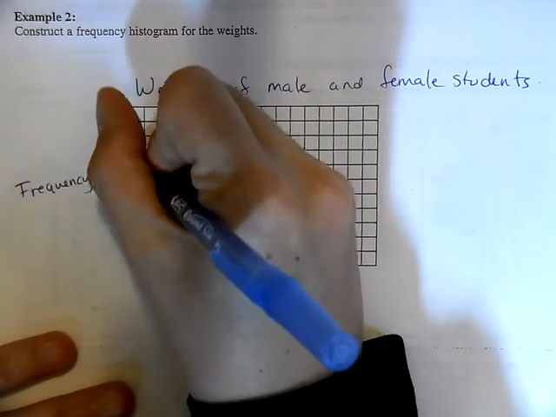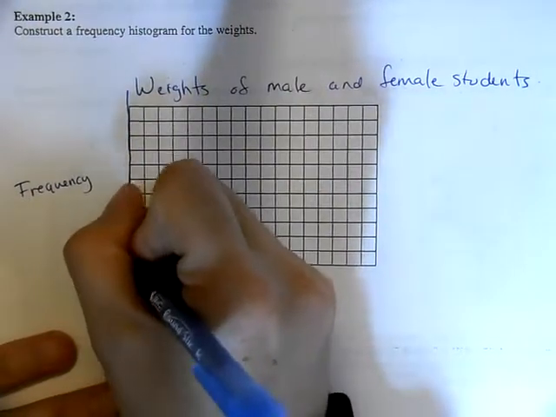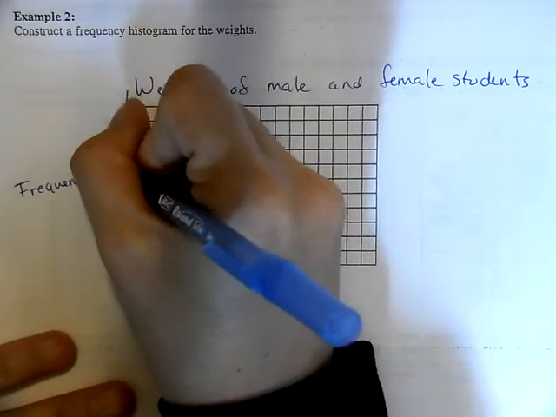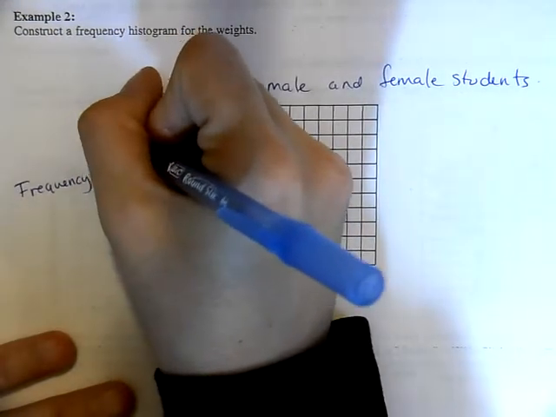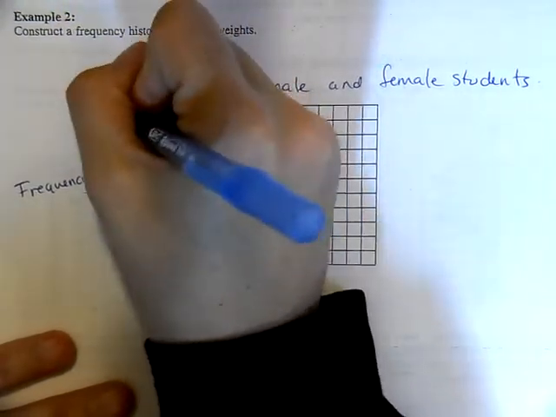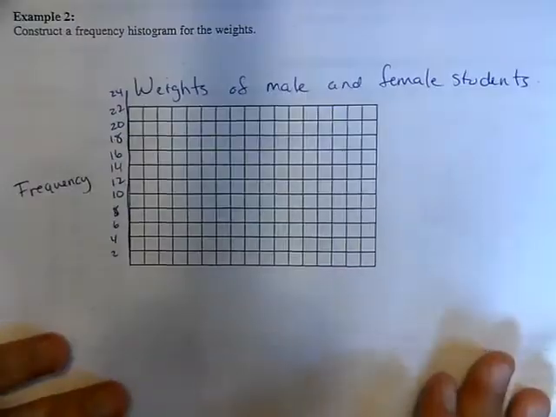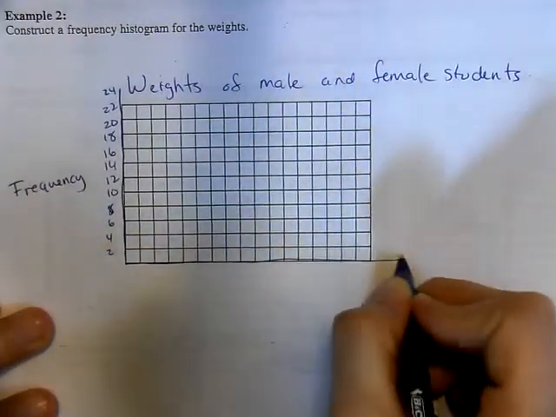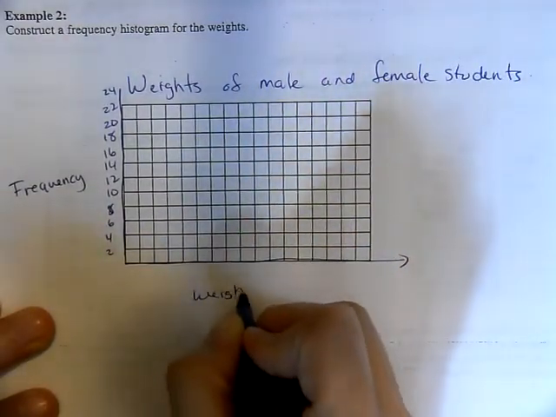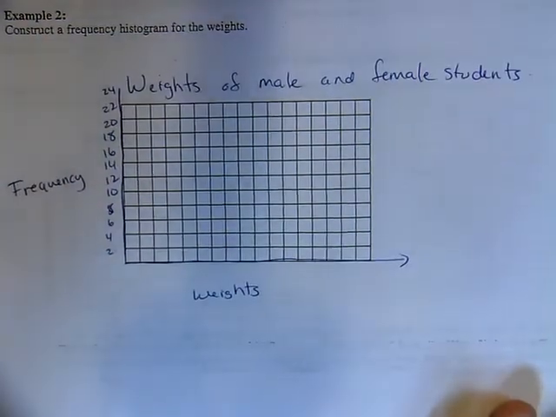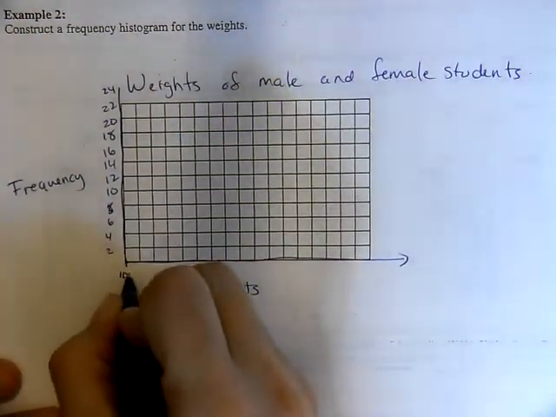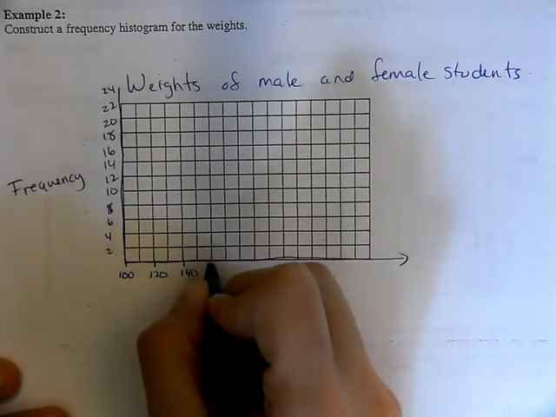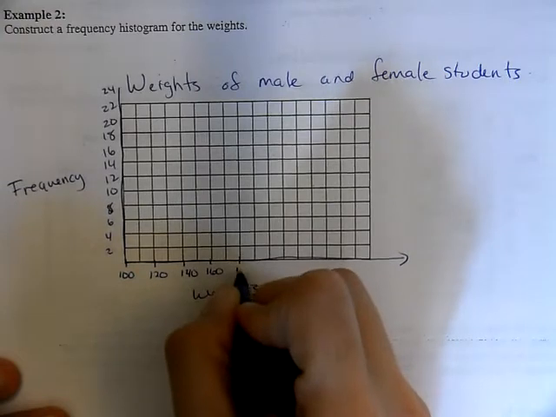If you go up by 2, you get to 22. We're going to go off for 24, but that's okay. Our x-axis is the weights. Again, I'm going to start at 100, and each one's 10 pounds.